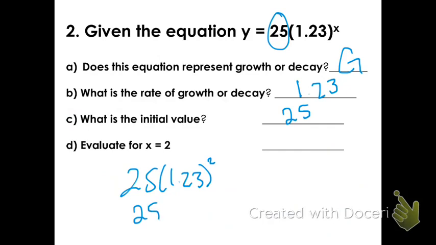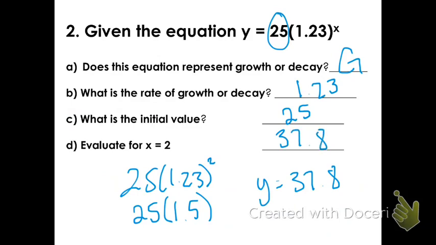So now I have 25 times 1.5, and I got something around 30, y is equal to 37.8. Something around that number, guys, okay? So, answer for that one should have been 37.8, okay? Good job. Let's move to the next one.